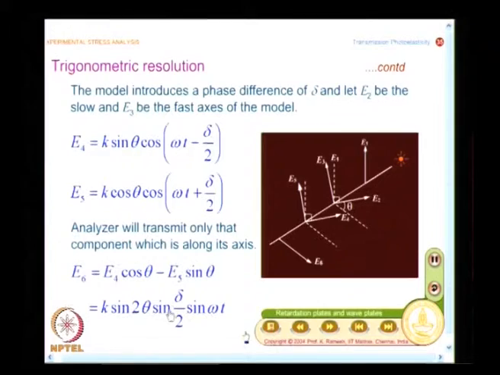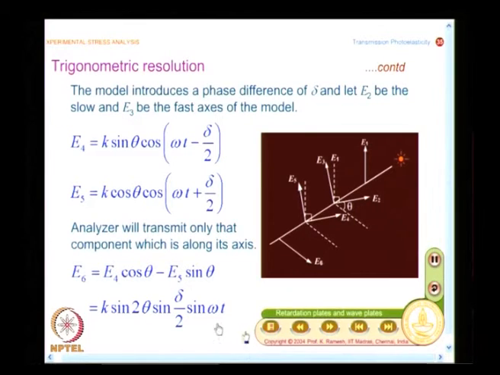If you go back, I said for all this you need to have knowledge of trigonometric identities. It is a very simple step, it is not difficult at all. So, you take this component E4 multiplied by cos theta, multiply this by sin theta, and do a simplification. This is the component of light transmitted by the analyzer, which turns out to be k sin 2 theta sin delta by 2 into sin omega t.